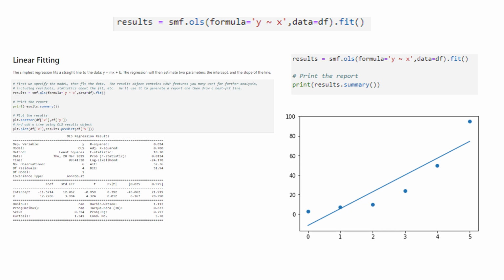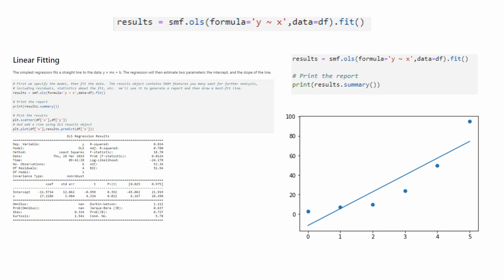And then we're defining a formula, y tilde x, which means that y is related to x. You can imagine that tilde is kind of an equal sign. And then we're passing in our data frame here to fit the data. And then we're calling a function on that object to fit it. So it's a little bit of a dense line of code, but it's pretty easy to imagine what you need to swap in and out to make it work.